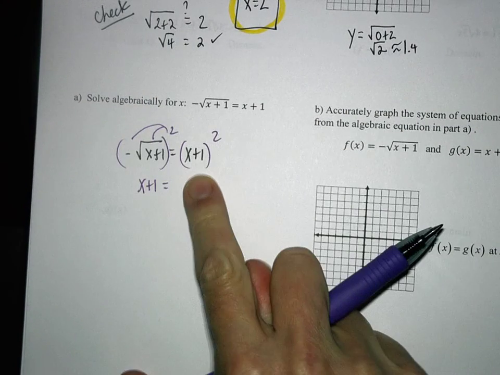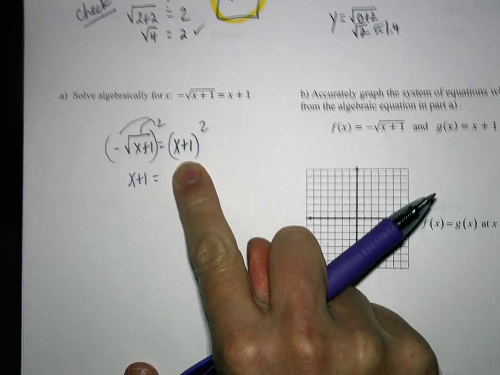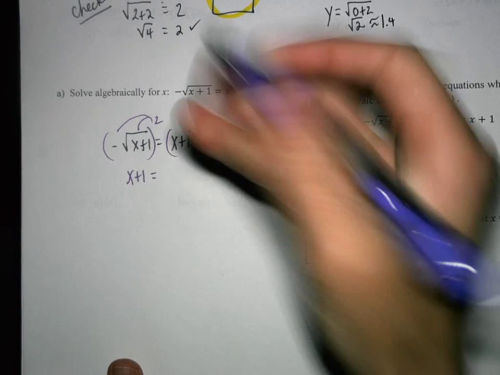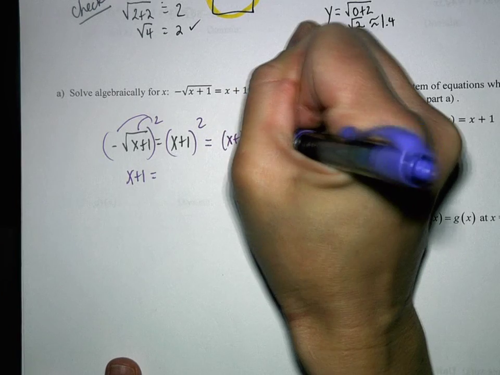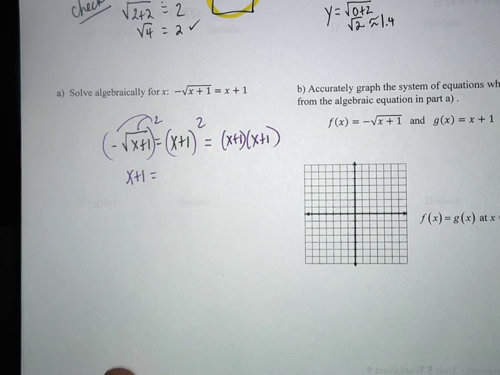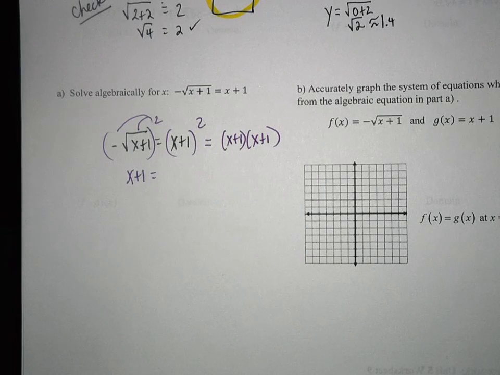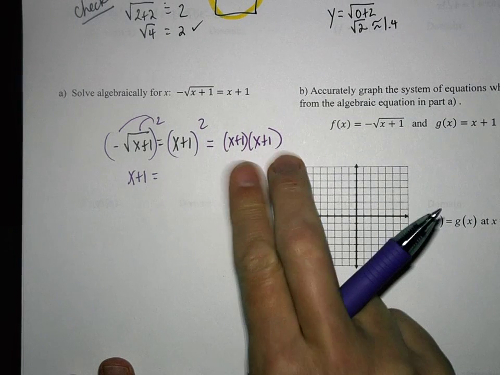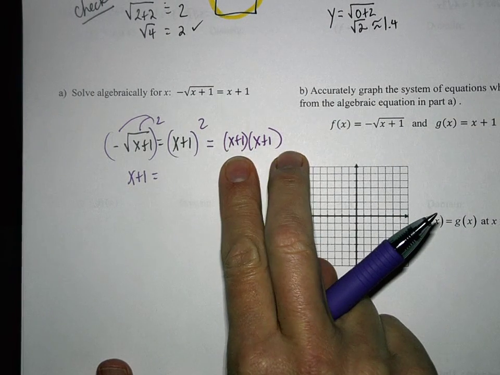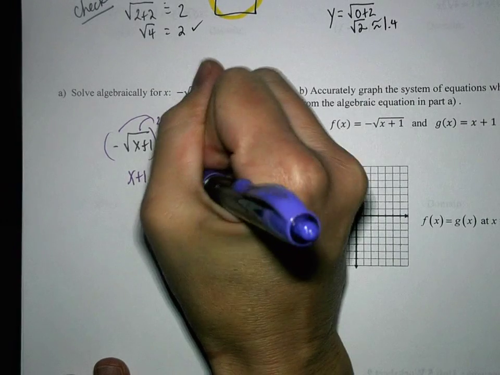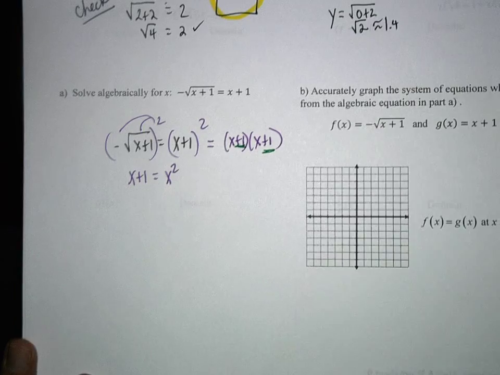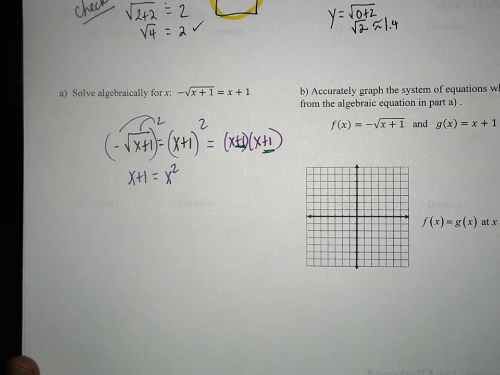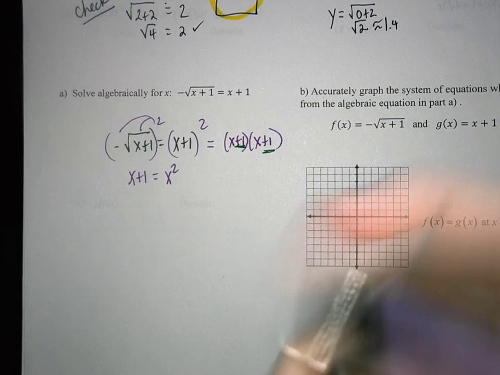When you have x plus 1 squared, what should you do? Write another one. You want to write another one out. So that really means x plus 1 times x plus 1. Now, you guys can distribute the whole thing if that makes sense to you. I know how to multiply this in my head. So, x squared, my middle term I know is going to be a plain x, and I add those two numbers together. 1 plus 1 equals 2x.